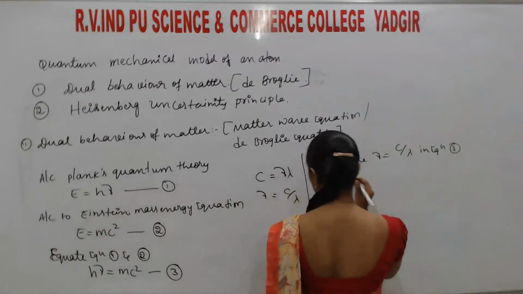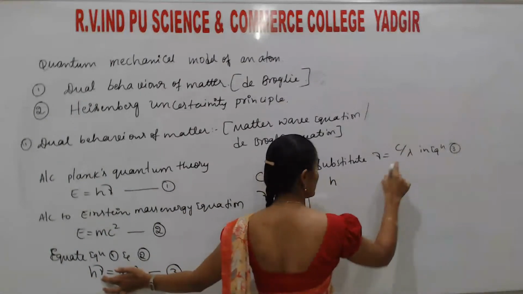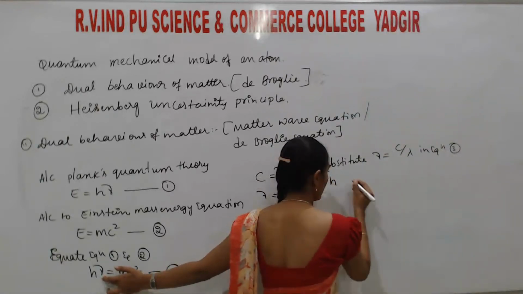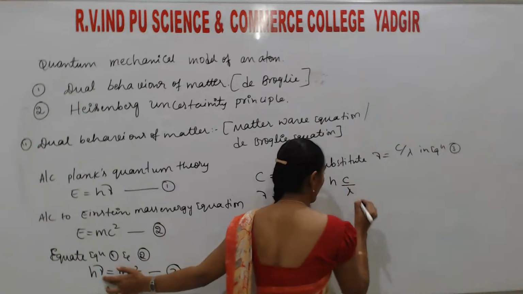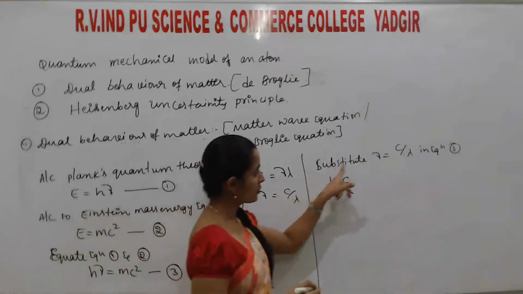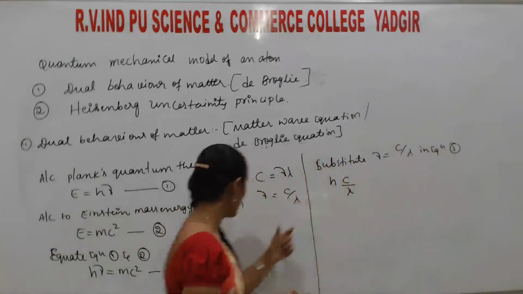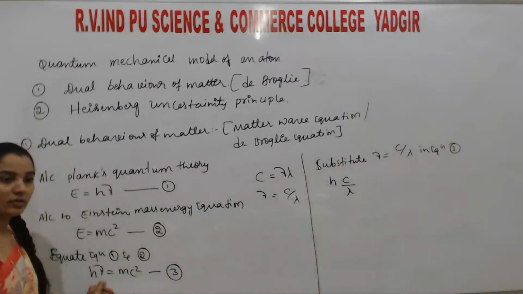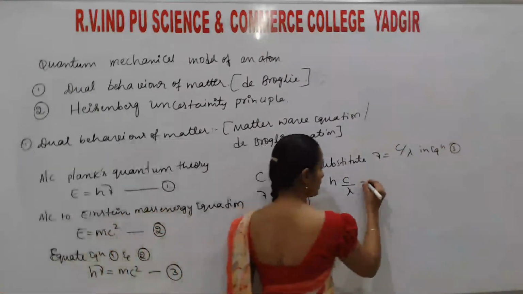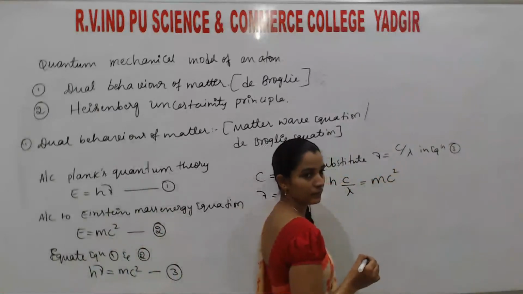Understood? Next. So here h is there. What is nu here? c by lambda. Are you getting? c divided by lambda. This is equation 3. I am writing here: substitute nu is equal to c by lambda in equation 3. Where is nu here? Here we have to substitute c divided by lambda. That is equal to what? mc square. Okay?